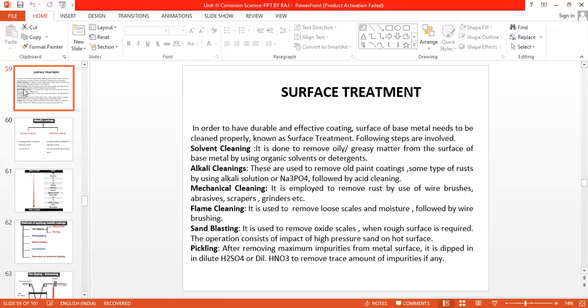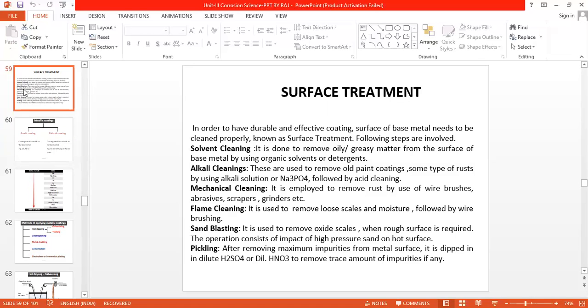One more method is the flame cleaning. Flame is used, burner is used to remove the loosely held scales and moisture from the metal surface, followed by wire brushing.